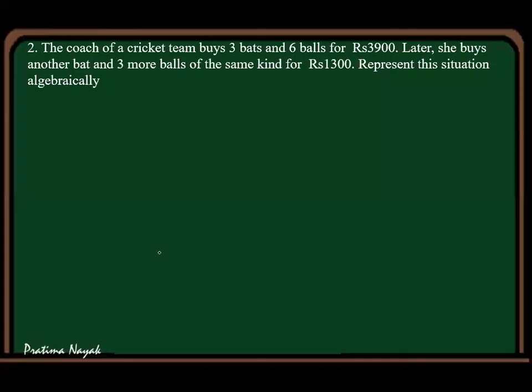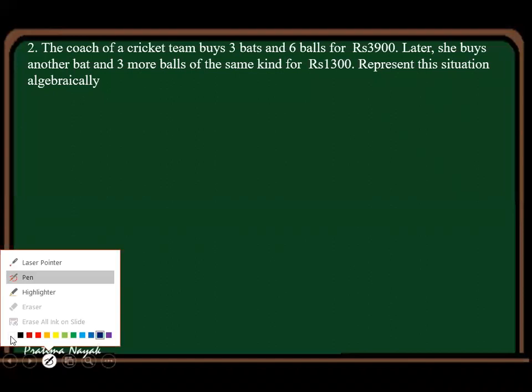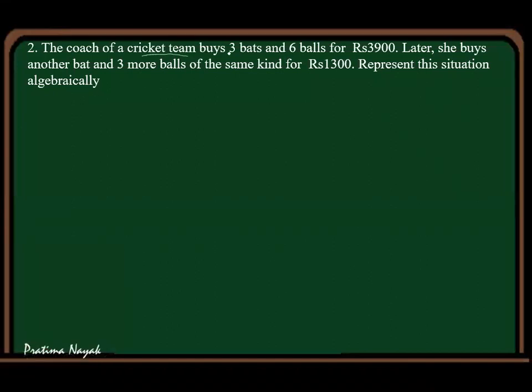Next is question number 2. The coach of a cricket team buys 3 bats and 6 balls for rupees 3900. Later he buys another bat and 3 more balls of the same kind for 1300. Represent this situation algebraically. So there are 2 unknown quantities here.